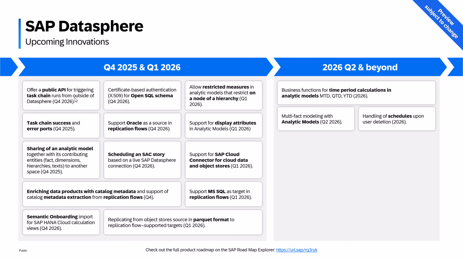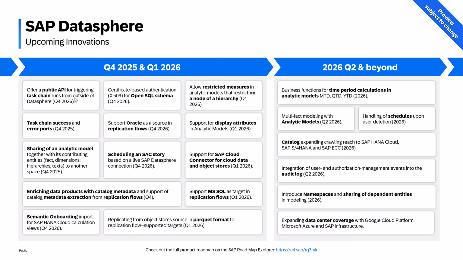On the data integration scheduling side, we plan on introducing the handling of schedules upon user deletion. And on the catalog side, expanding the crawling reach to HANA Cloud as well as S4HANA and SAP ECC within the next year.